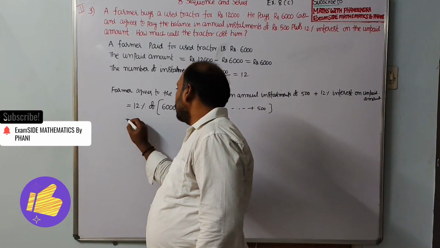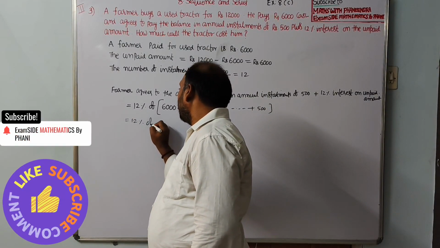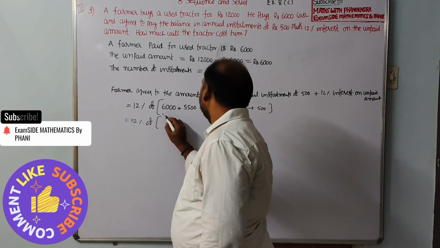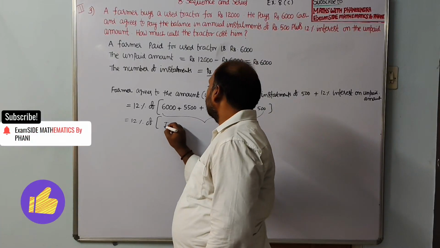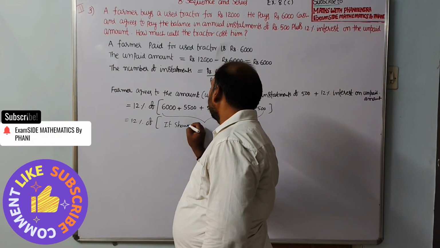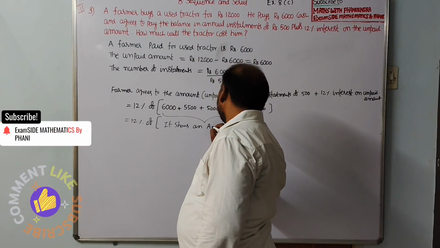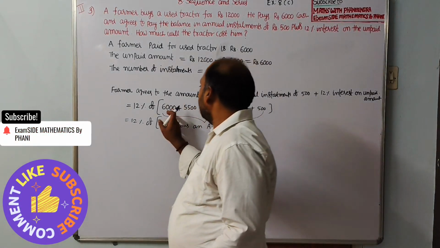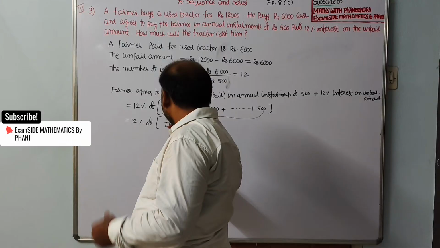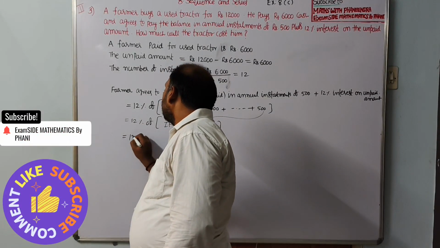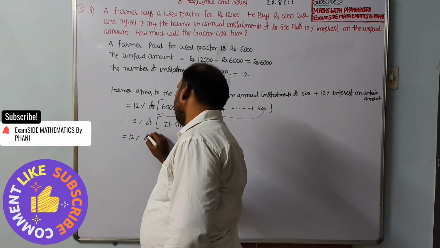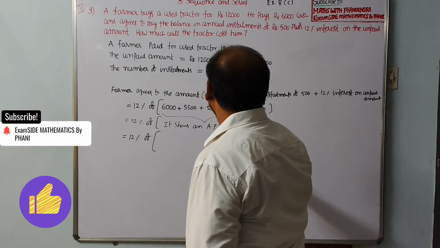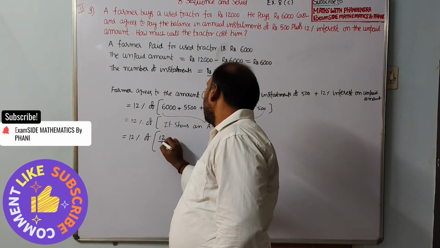This bracket value shows 12% of an AP. Okay, dear students, it shows an AP. First term, last term is there. So common difference is 5. So 12% of n by 2. How many installments are there? 12 installments.